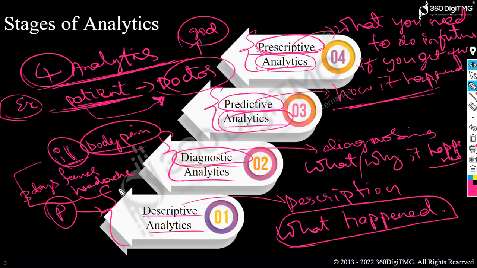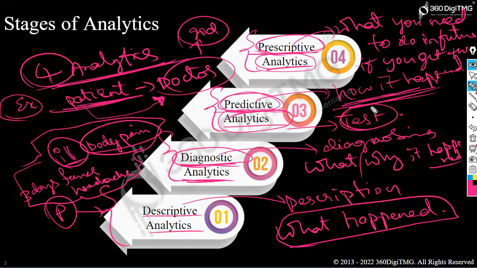Based on all this description, the doctor diagnoses and predicts what the possibilities could be, how it has happened, because of air, water, or food infection. Upon getting confirmation based on some tests, it is predicted and then a prescription is given.